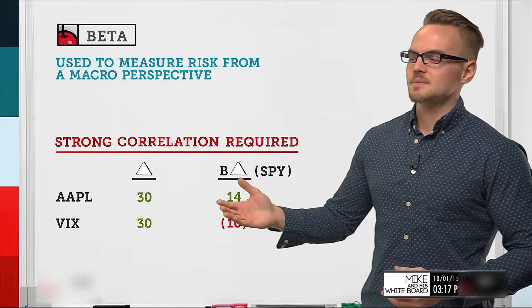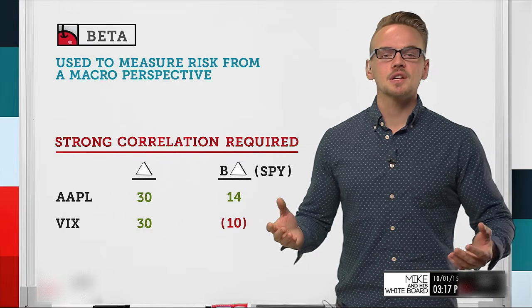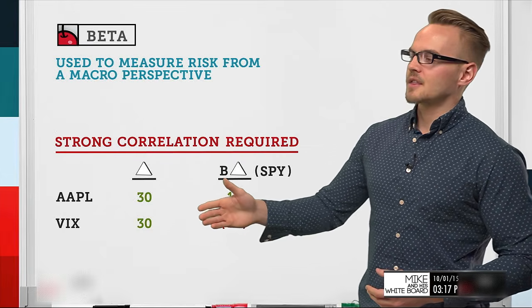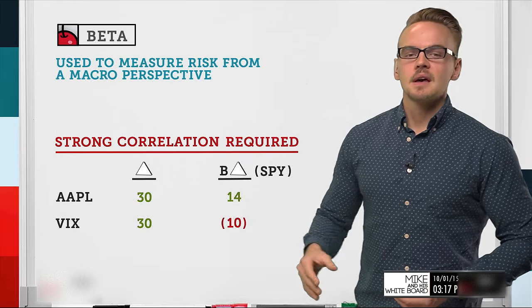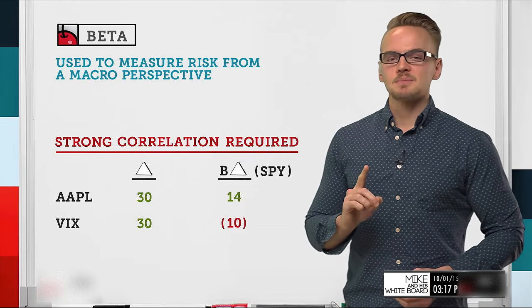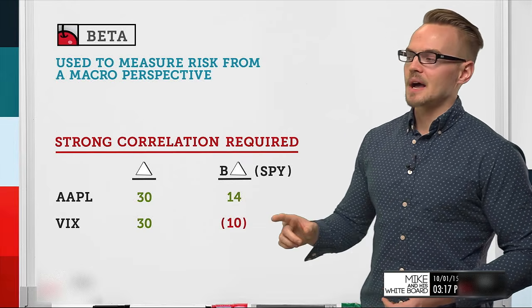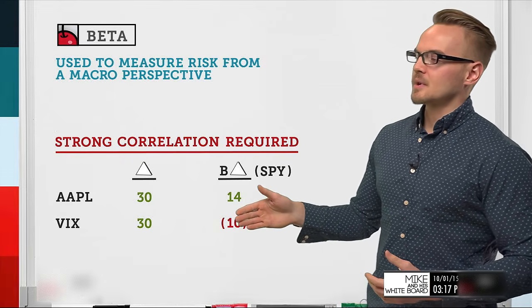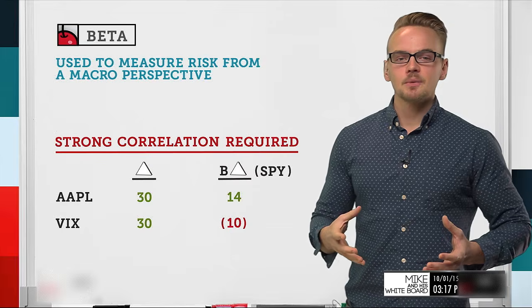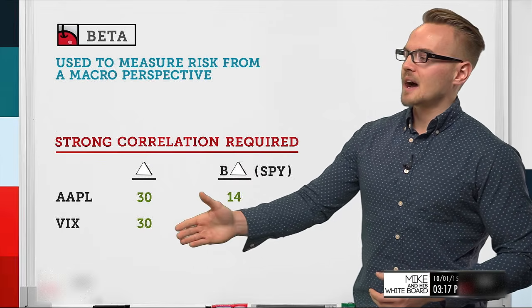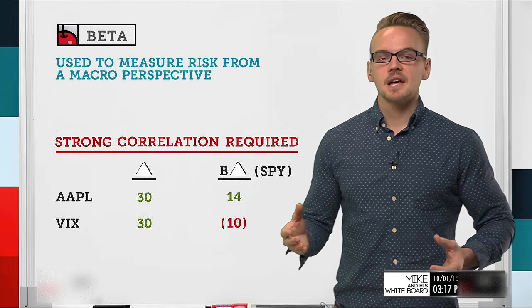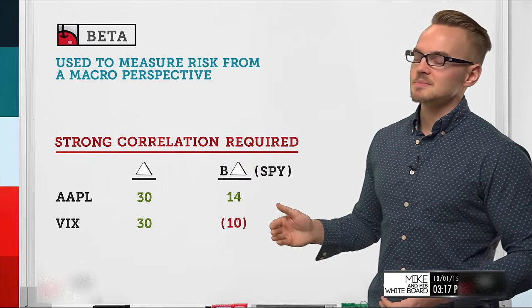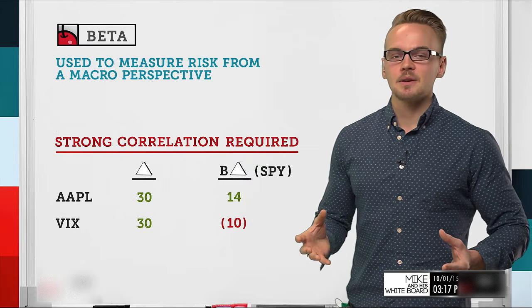Maybe I bought a call spread in the VIX with a 30 delta. But when I beta weight this to SPY, since SPY and the VIX have a very strong negative correlation, I'm going to have a negative beta weighted delta. So although I've got a positive, bullish position on the VIX, compared to SPY I've got a negative beta weighted delta.